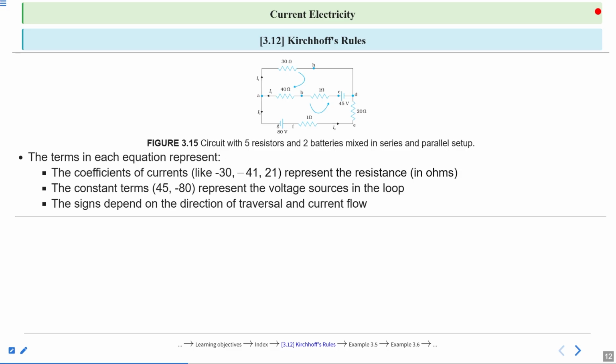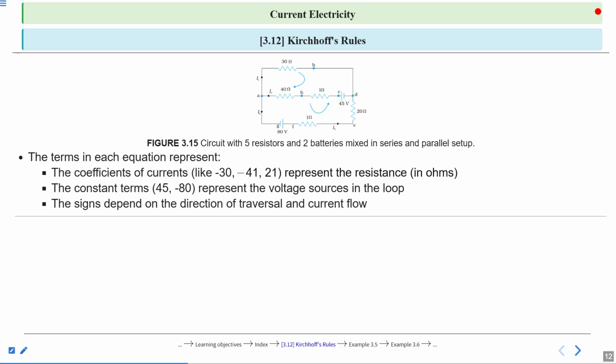If we are moving in the same direction as the current, then across the resistor there should be a potential drop, which should be taken as negative. If we are moving in the direction opposite to the current, across the resistor the potential drop should be taken as positive.